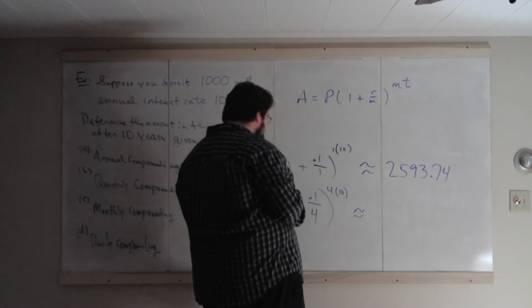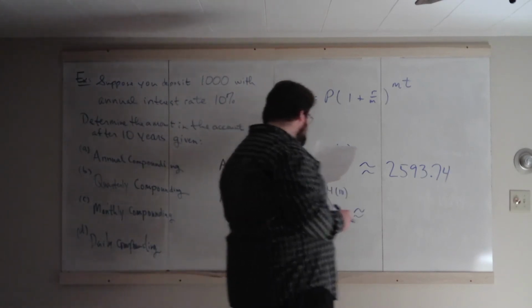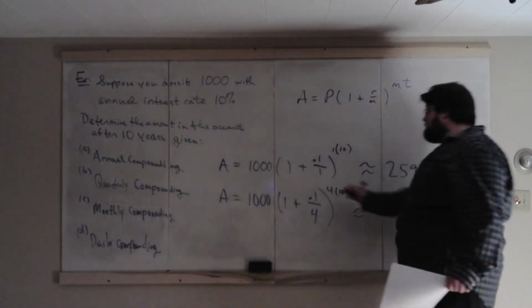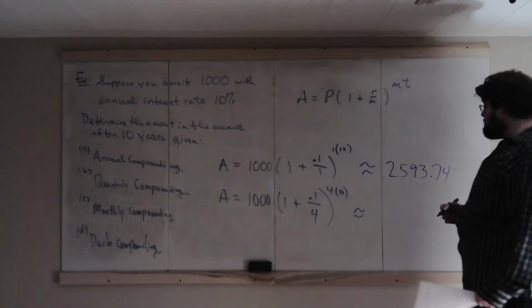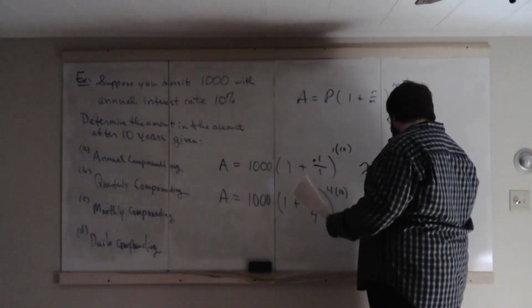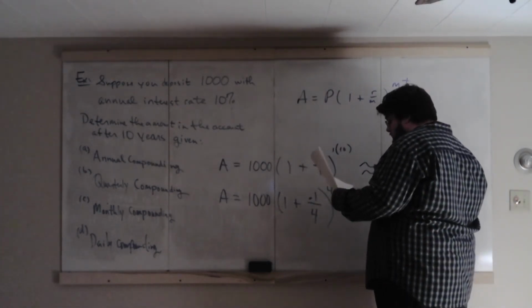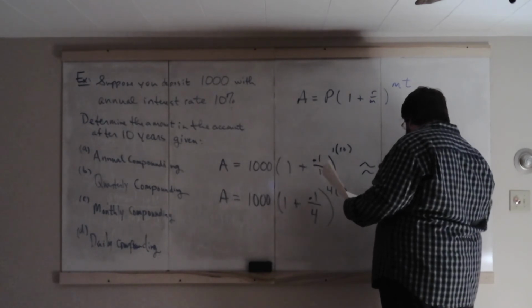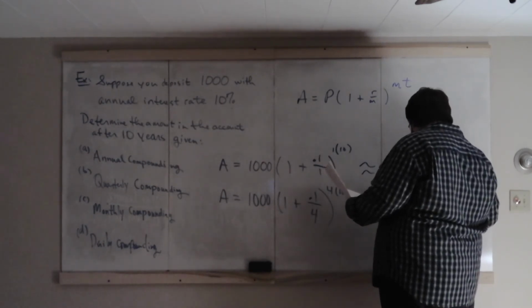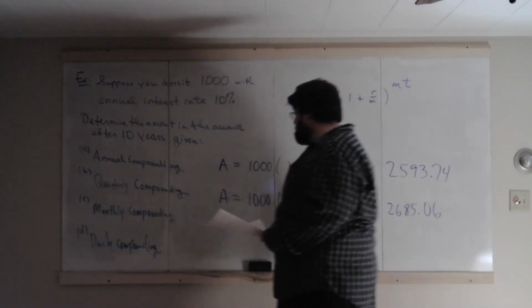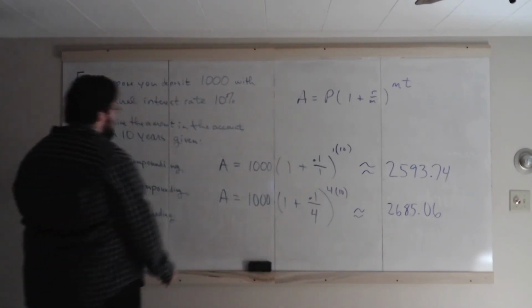So M equals 4, T still equals 10, and we get $2,685.06. Well, that's great. We did 2 of them.